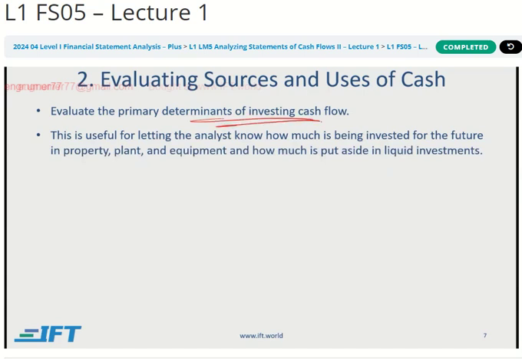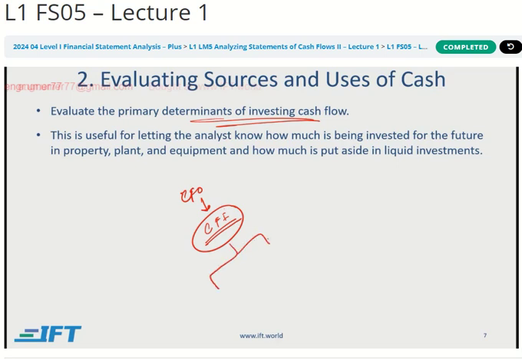Next, we need to move on to the uses of cash, right? Let's say from your cash flow from investing activities: are you investing in property, plant, and equipment? How much of your cash flow from operating activities is being used for cash flow from investing activities?